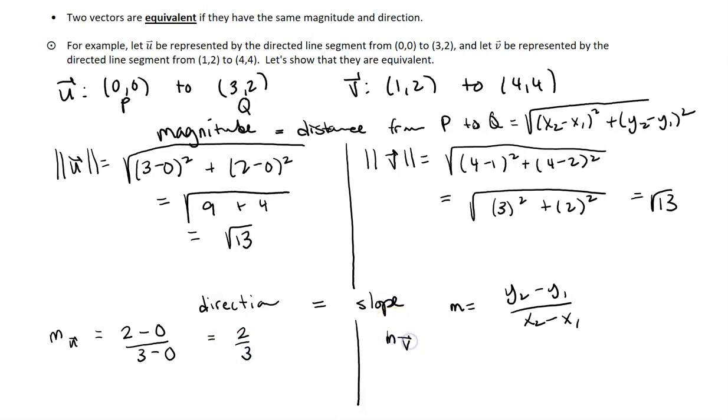And for v, that is (4 minus 2) over (4 minus 1), or 2/3. So again, they are equal. So we can say u and v, and my arrow didn't quite come out here, so we'll rewrite that, are equivalent.